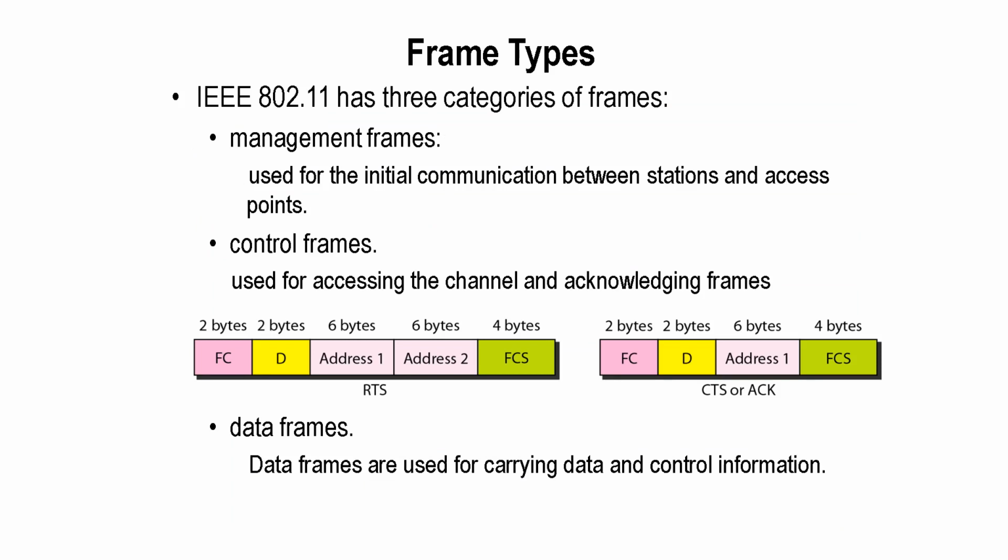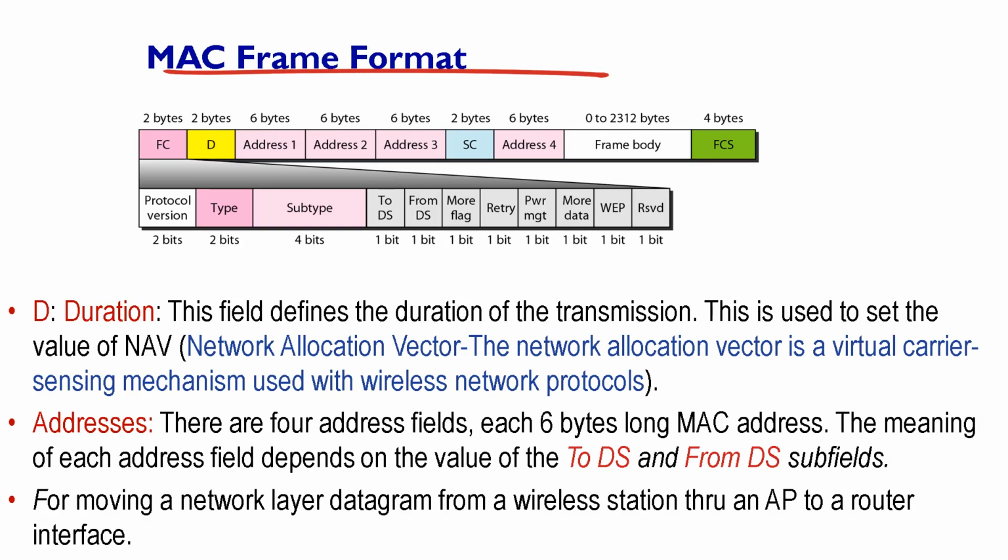Here we can see the 3 different types of frames: management frame, control frame, and data frames. Out of that, a control frame may be an RTS, CTS or ACK frame, and these are the frame formats of RTS and CTS frames. The next field is the D field, that is duration.